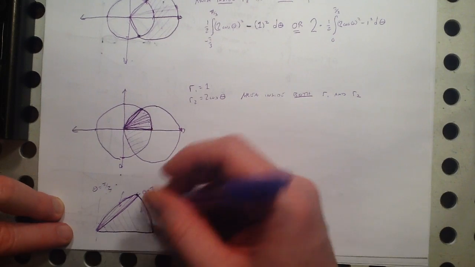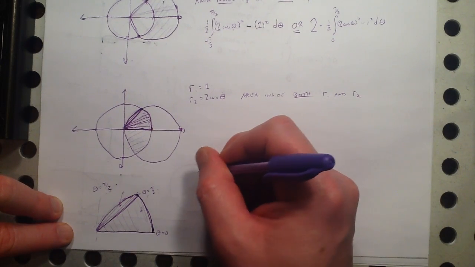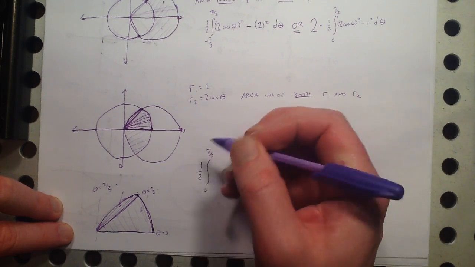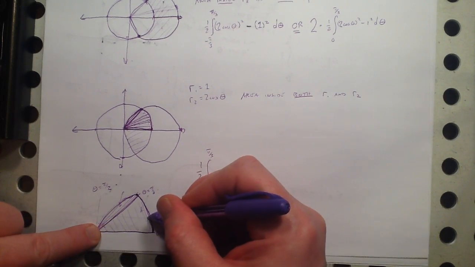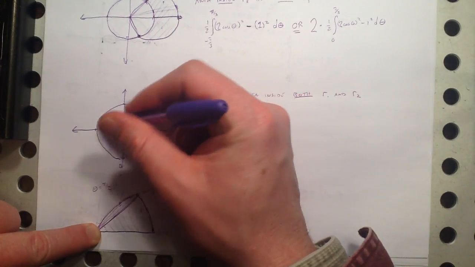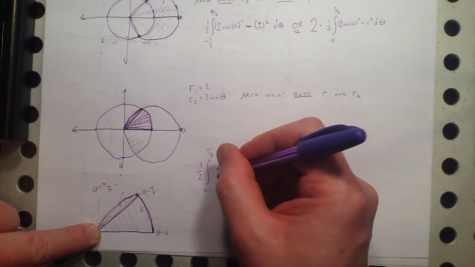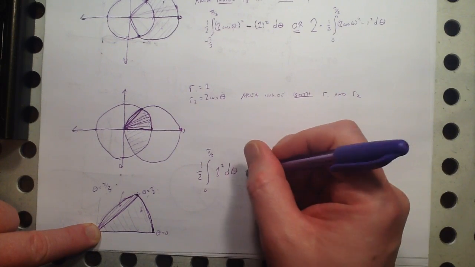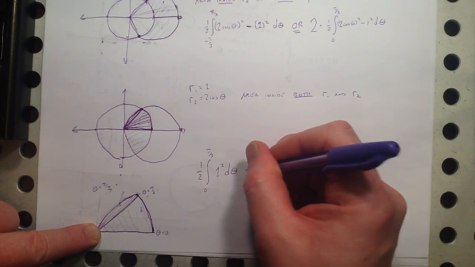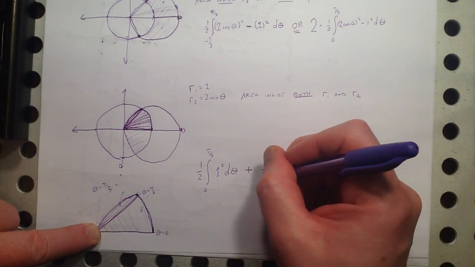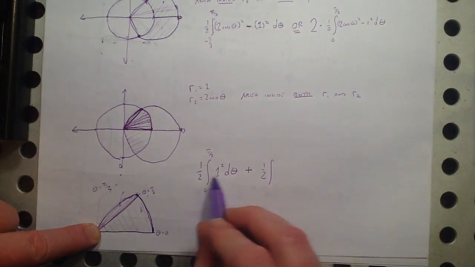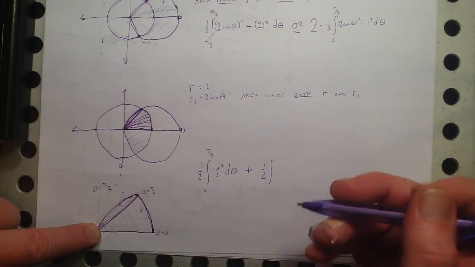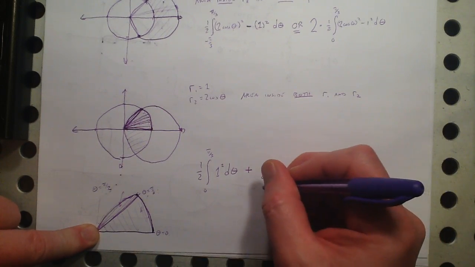So that area is equal to 1/2 integral from 0 to pi over 3 of the area inside the first one. That's R1, which is just 1 squared d theta, plus, notice that I cannot put these inside the same integral because the limits of integration are not the same.